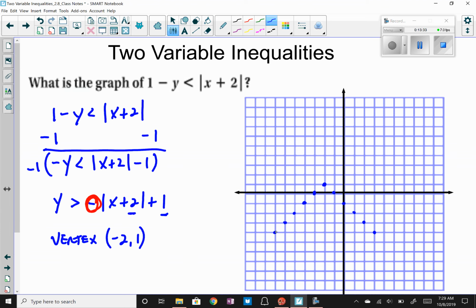Now I have to determine whether I'm using a solid or a dashed line. Since the symbol is greater than, we're going to use a dashed line.